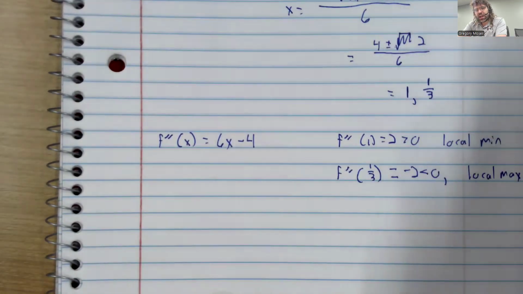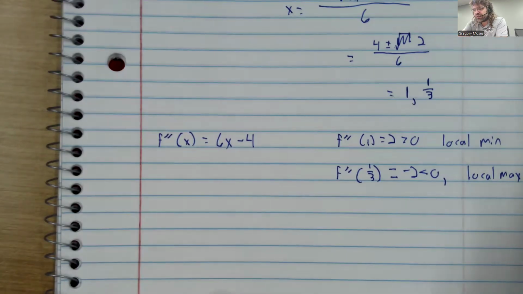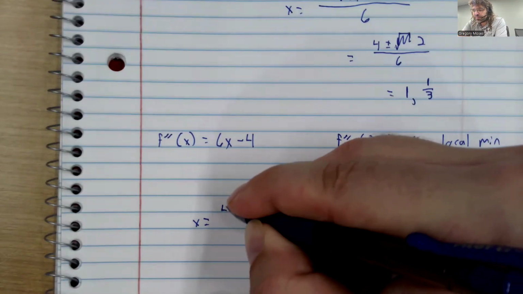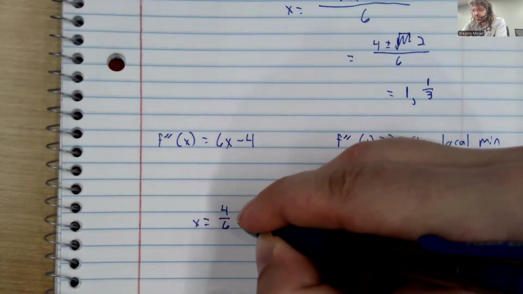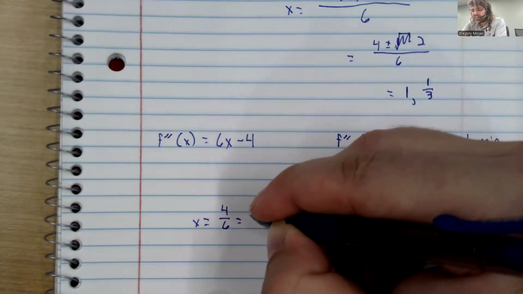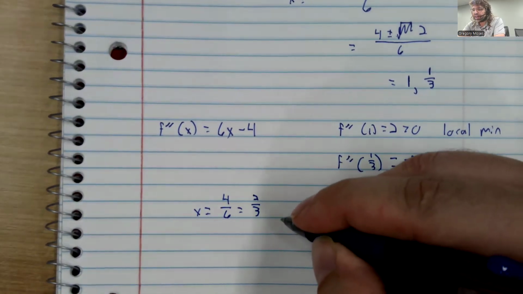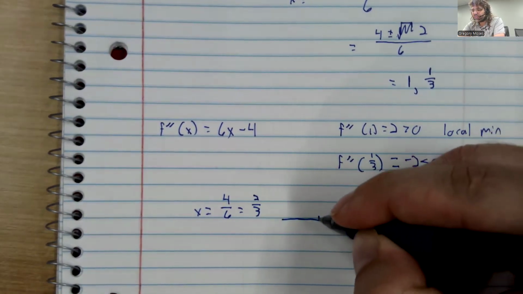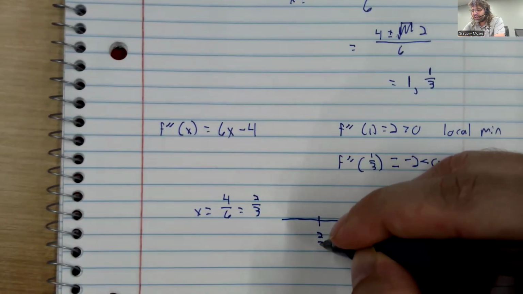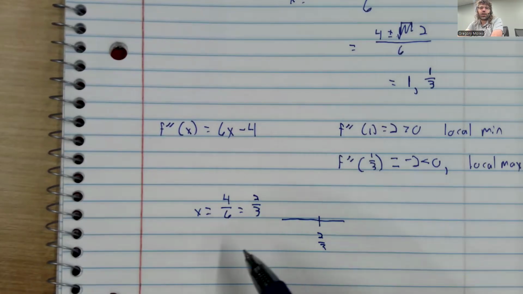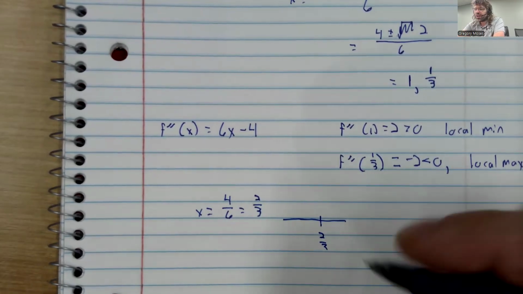And now I go ahead and find the inflection point. I've sort of done what I wanted to do, so I'll just run through this real quick. We set 6x minus 4 equal to 0. It's 2/3.